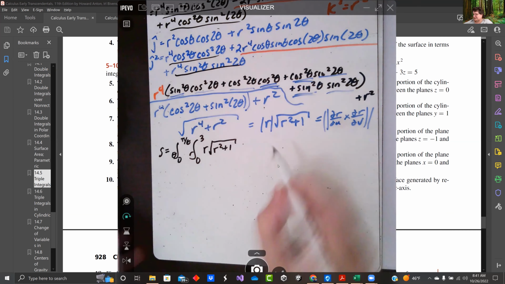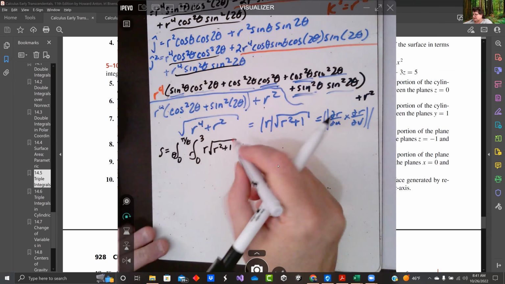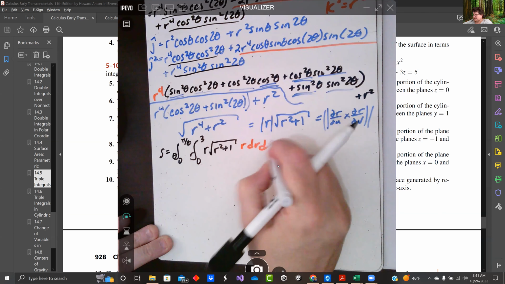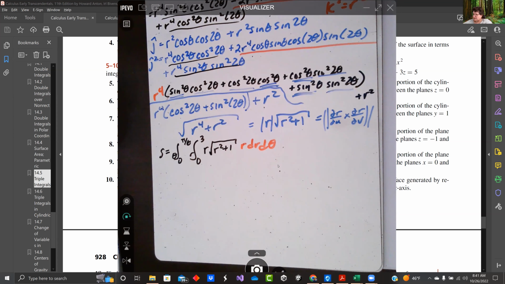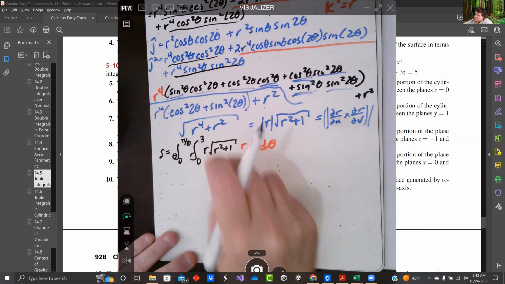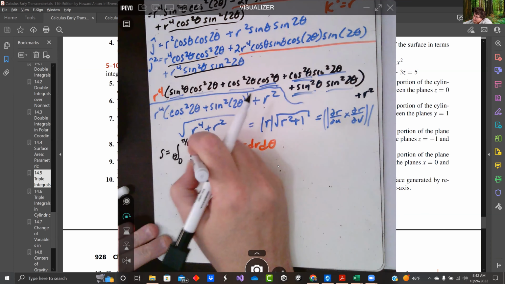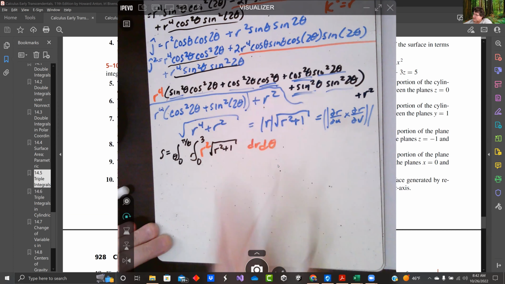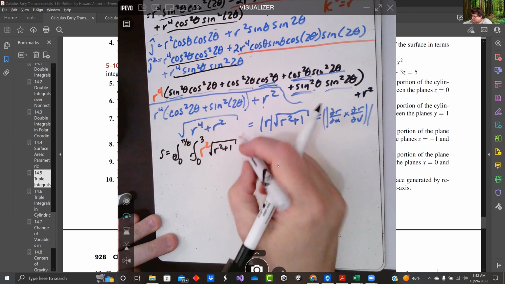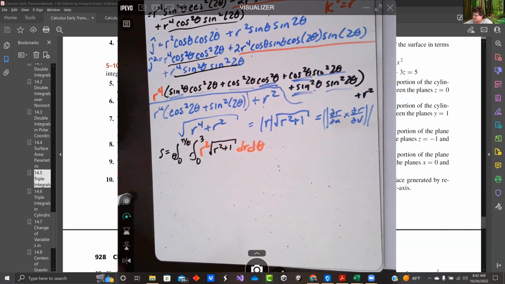My dA in r and theta is r dr d theta. So this makes this an r squared. I'll put the r over here and get rid of that r there. And so maybe a u sub here.